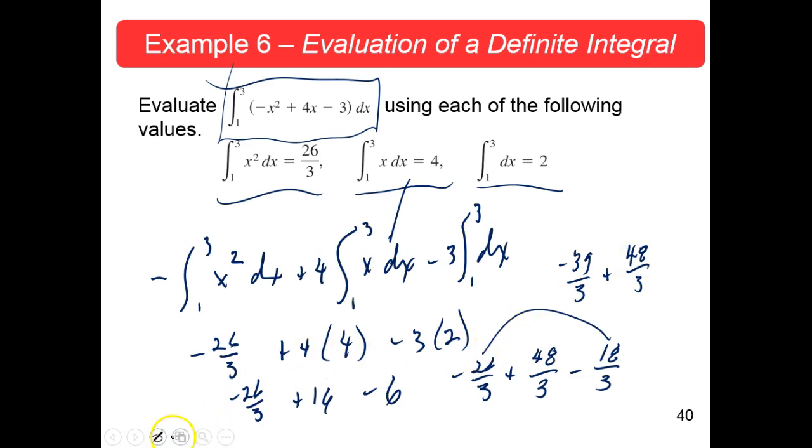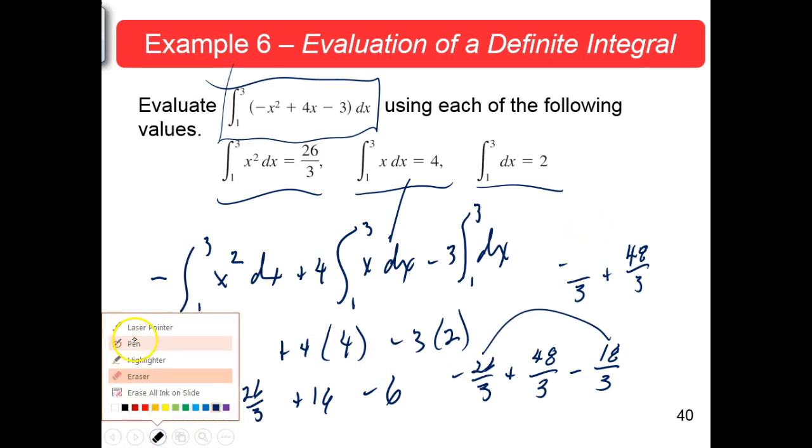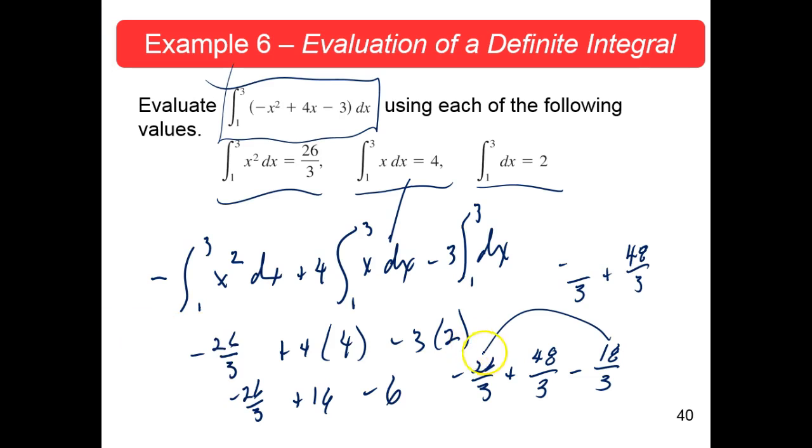I can't read my writing. Okay, that's a 43 thirds. I was going to say that can't possibly be the answer. That's a 26. I was reading it as a 21. Okay, 26, 18, that's minus 34 thirds plus 48 thirds would be 14 thirds.